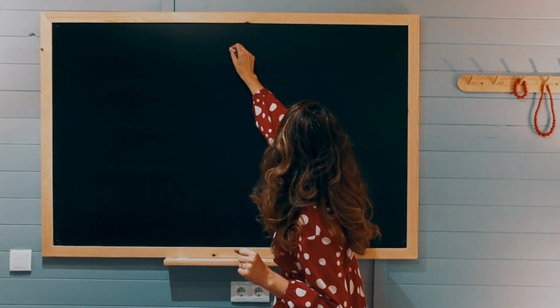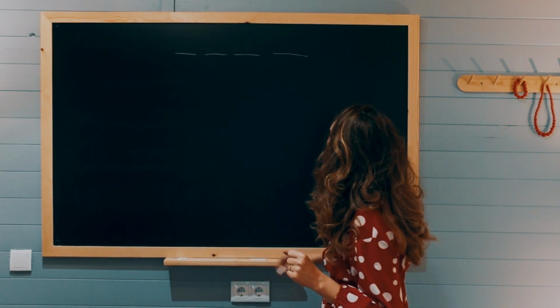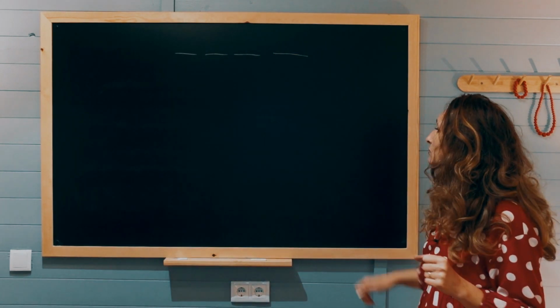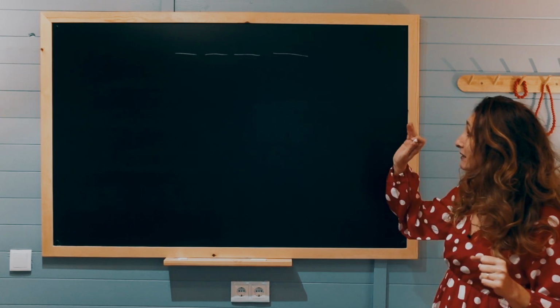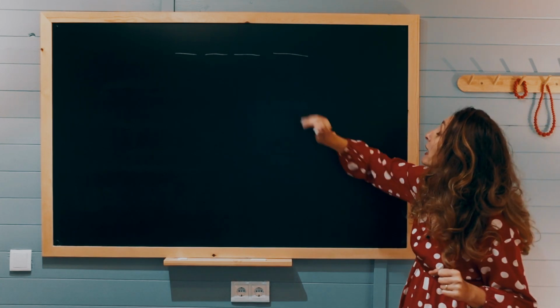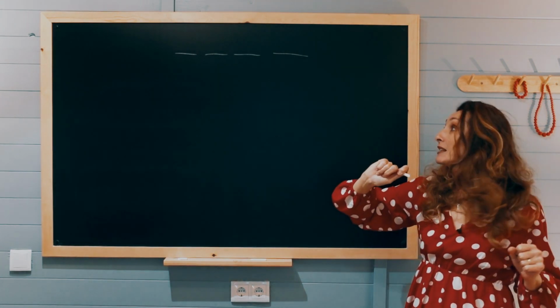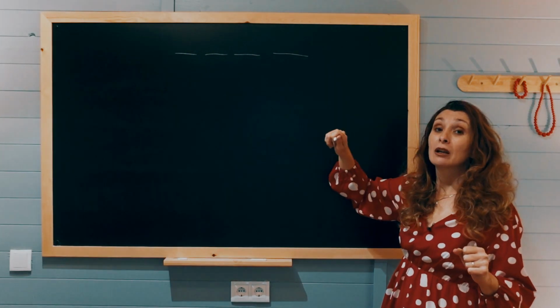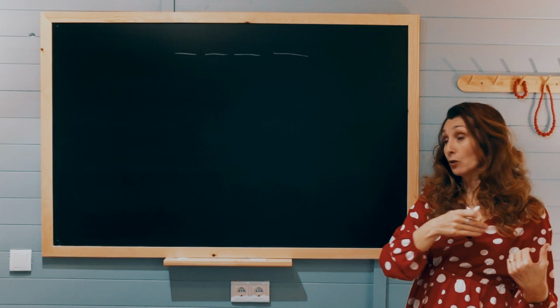So let's imagine that we have a word with 4 syllables, okay? Doesn't matter, 3 or 4 or 5. The important thing to keep in mind is that the Spanish start at the back and then they work their way to the front, okay?